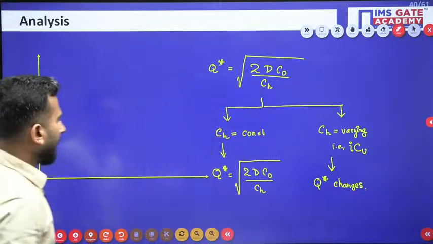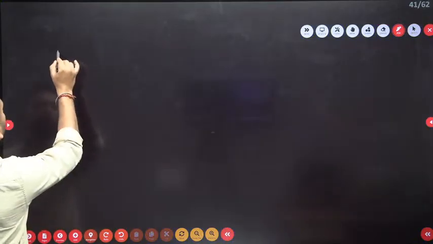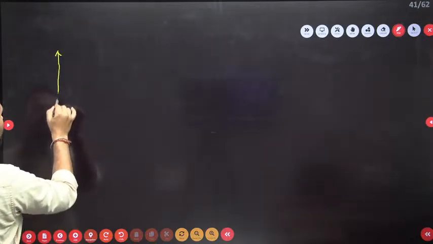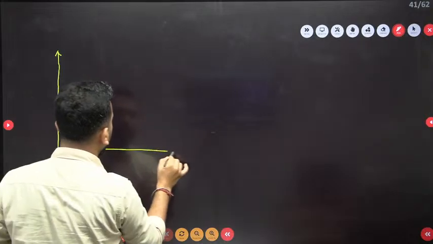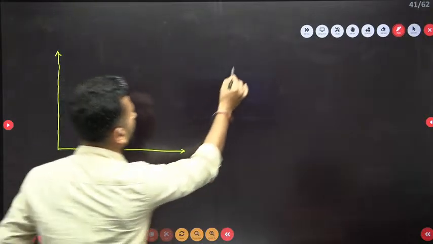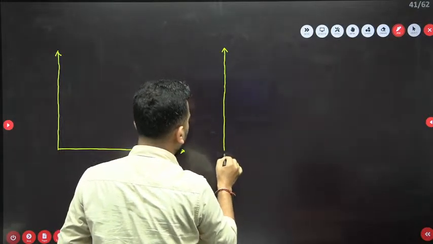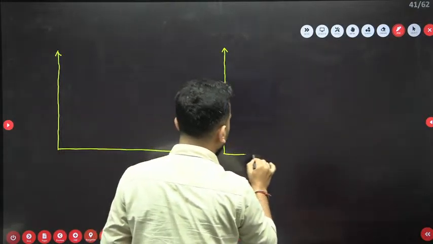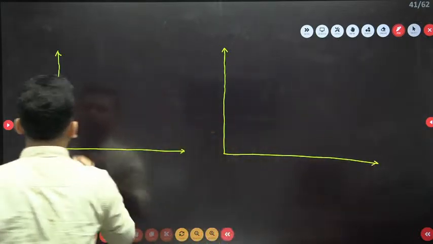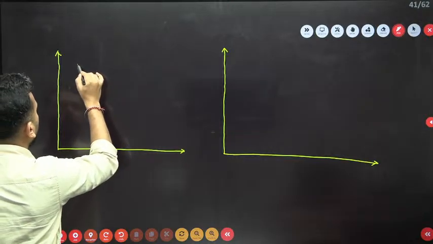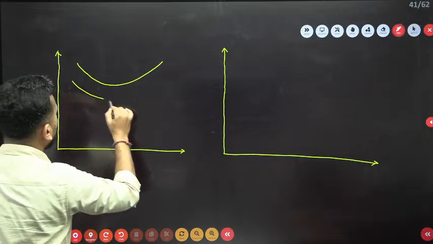Your Q star changes. If I have to show you from the graphical perspective, for example, here I will show when the CH is not constant. Here is the total cost curve for different unit costs.